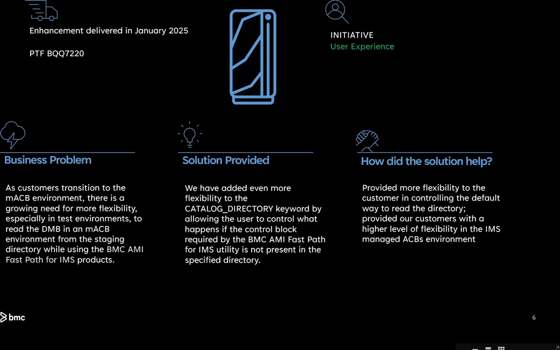We have noticed these mistakes happen, while assuming this customer does not update the active directory until after indexes are rebuilt successfully, right? So if catalog_directory equal to staging,N for no was specified, this error would be detected immediately, right? And this was primarily the use case that drove that particular customer to reach out to us and ask us if we could provide them with more flexibility.